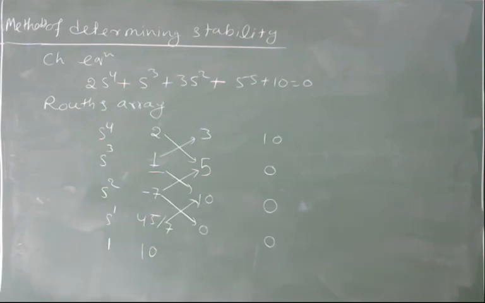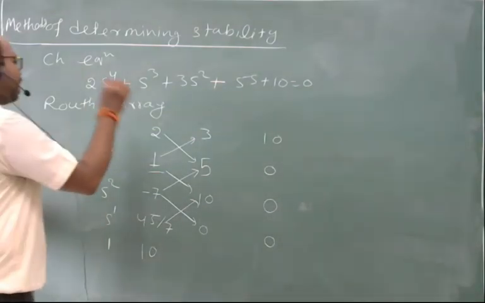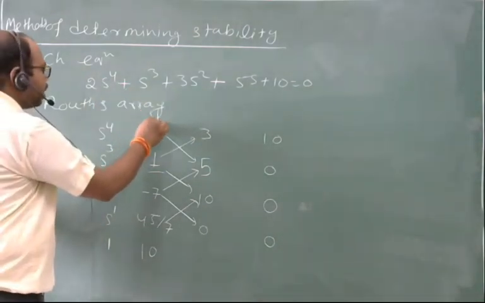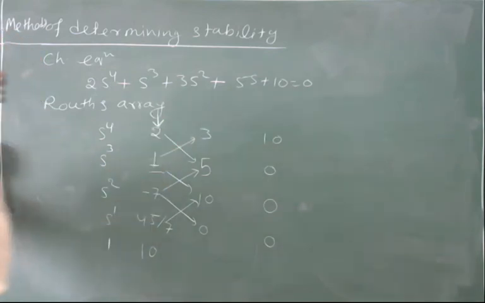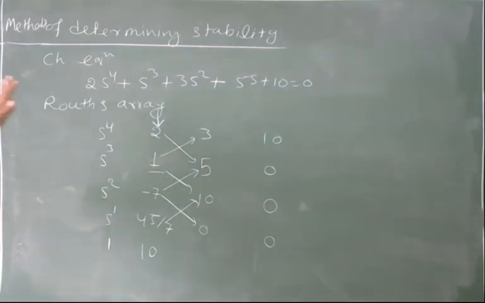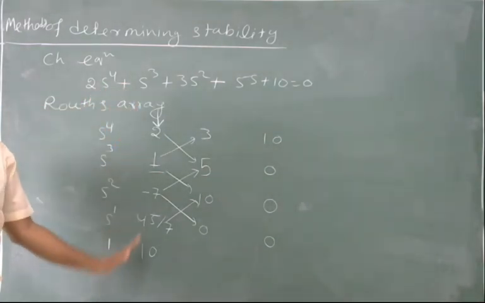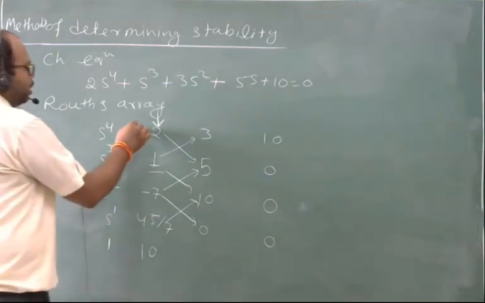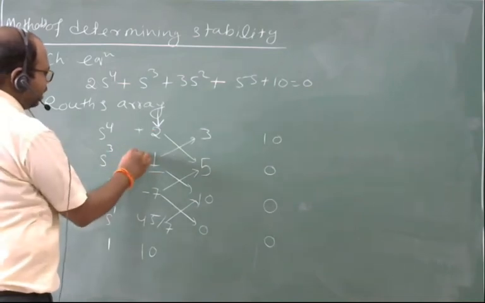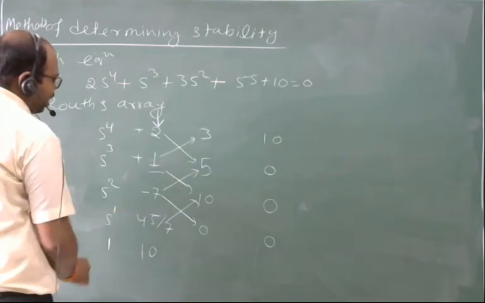Look at this Routh array. After making this Routh array, I will check only the first column of this Routh array. If there is any sign change in this first column, then the system will be unstable. So here the sign is plus, here plus, and here I will have minus.